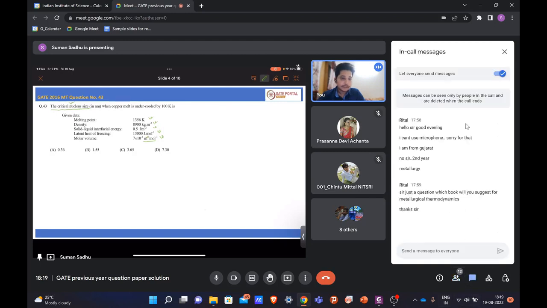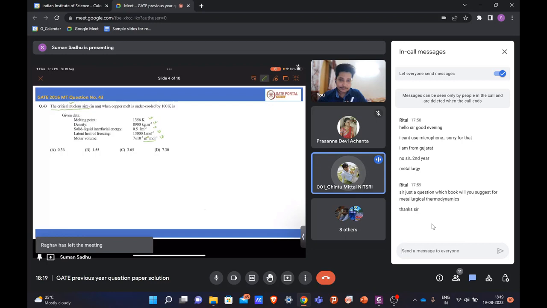You can type in the chat box also, or you can unmute. What is a critical nucleus size? Okay, okay.